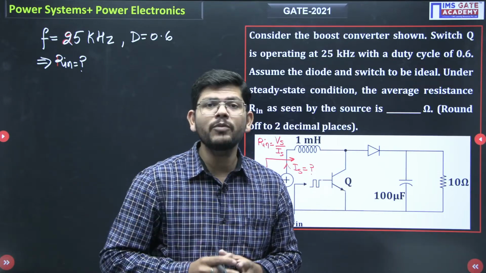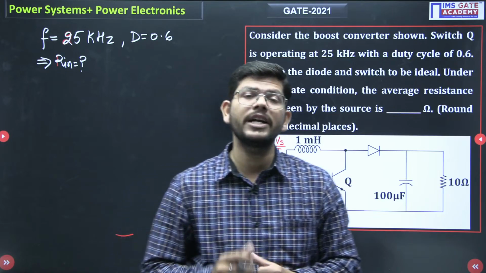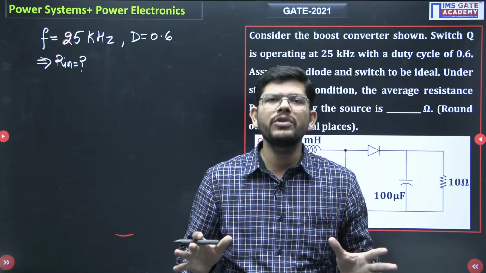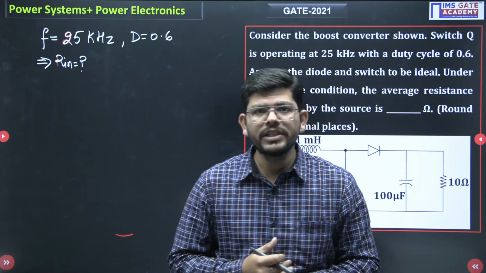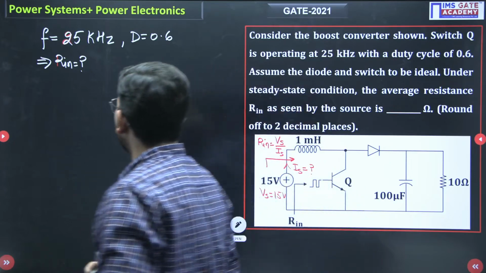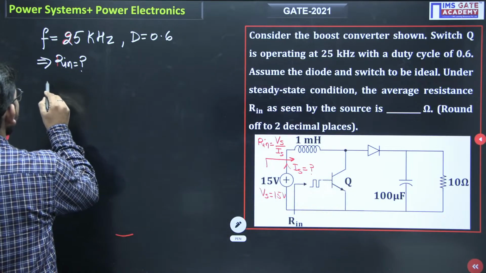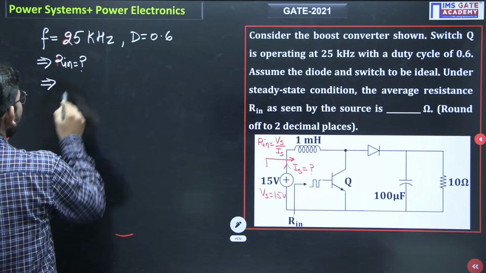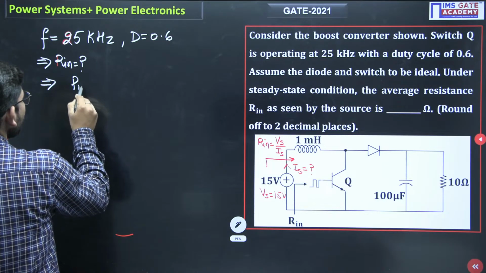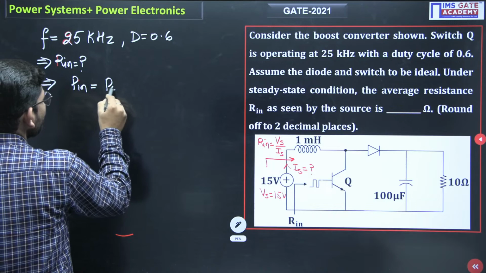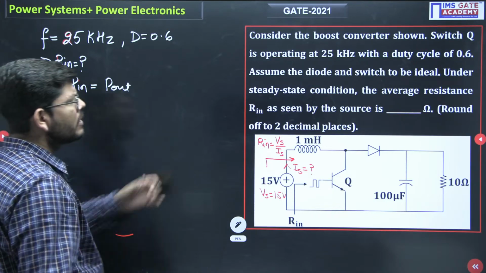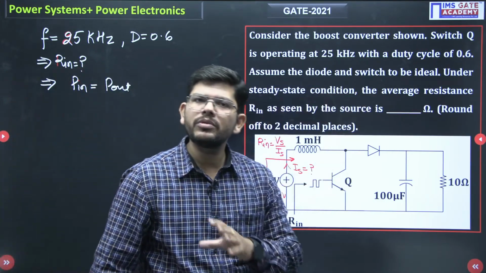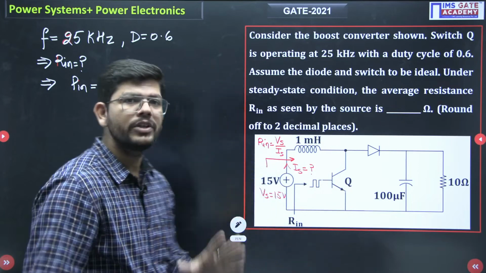And whenever we have to find the source current, this is the trick that you have to apply in all questions related to DC to DC converter. So if we apply the power balance, that the input power is exactly equal to the output power, and switches are assumed to be ideal, so this assumption is absolutely correct.